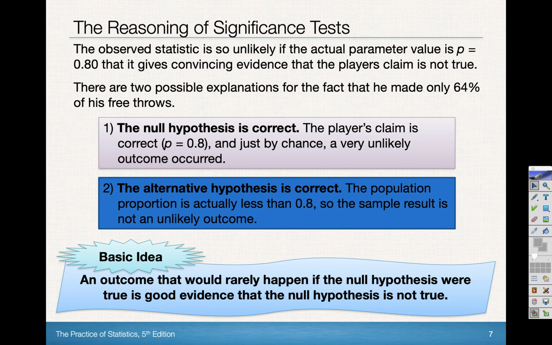So the basic idea is an outcome that would rarely happen if the null hypothesis were true is good evidence that the null hypothesis is not true. So, for example, the outcome that we got would very rarely happen if the null hypothesis was true. Therefore, the null hypothesis is probably not true. Okay.